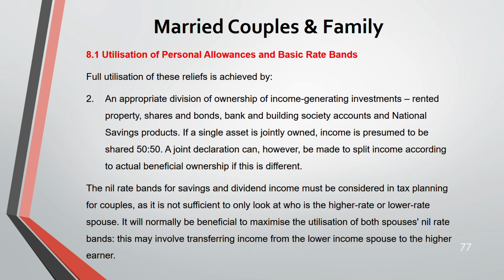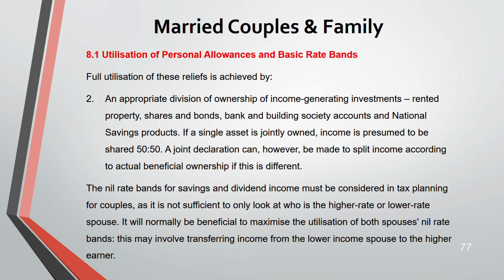Sometimes this involves transferring income from the higher income spouse to the lower earner, because the lower income is anyway paying low tax, but the higher income is paying higher tax. Let's say the higher earner is not able to utilize the nil rate band, what do you do?